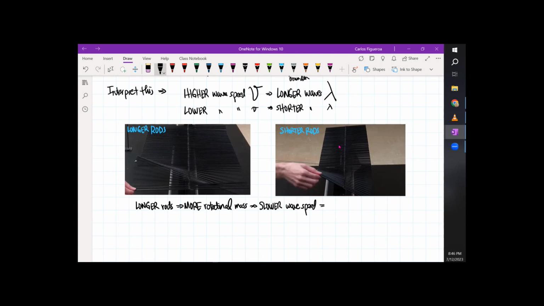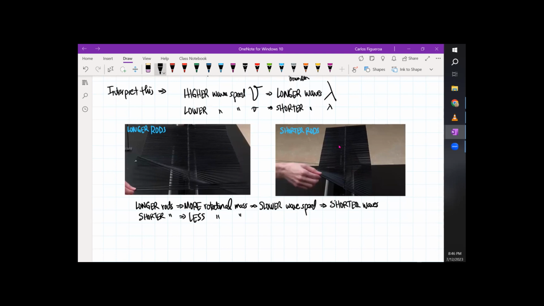Which means here, then they must have shorter waves. That's what it says up here. If I have a lower wave speed, I have to have shorter waves. On the other hand, if I have shorter rods, I have less rotational mass.